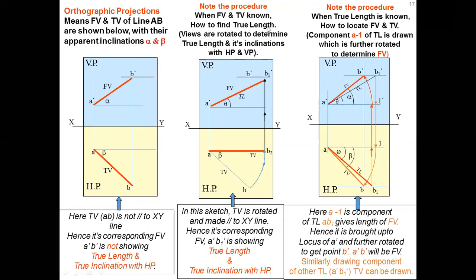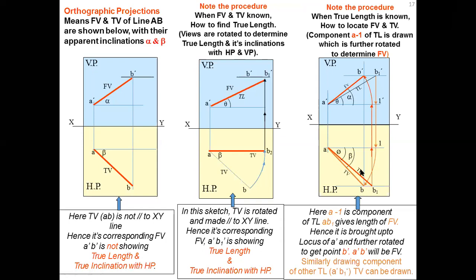Some data he will miss. Either he will not give the true length, or the angle. One side true length he will give, one side apparent length he will give. He will give combinations, and using the combination you need to solve and check whether your problem is right or wrong.